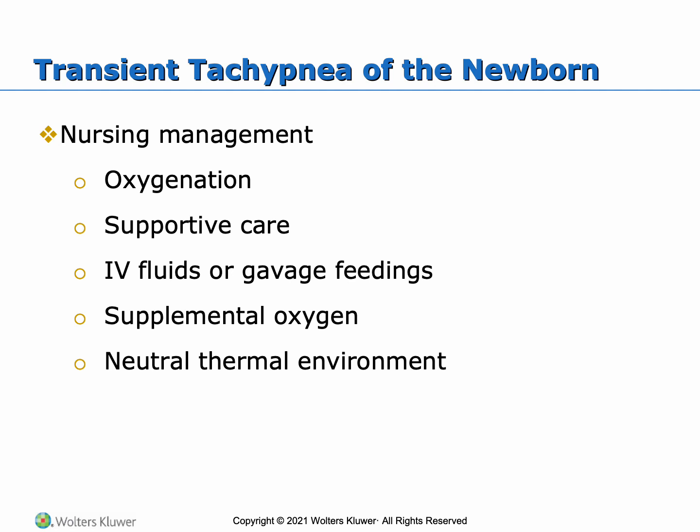Providing ongoing assessment of the newborn's respiratory status. And as TTN resolves, that respiratory rate will decline, hopefully, to 60 breaths per minute or less. Hopefully that chest x-ray will show resolution of the streaking. And you're also going to provide reassurance and progress reports to mom and dad.